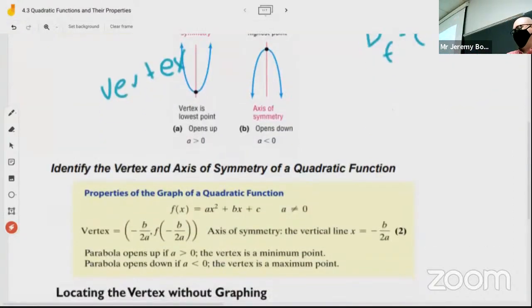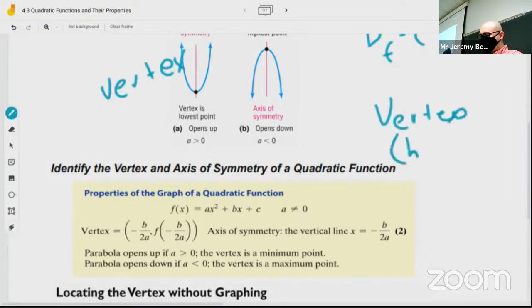So how do we find the vertex and the axis of symmetry of a quadratic function? People always seem to struggle with this, but all you need to do is plug it into a formula to get the value. Now the vertex, we usually say it's a point h comma k, both lowercase.